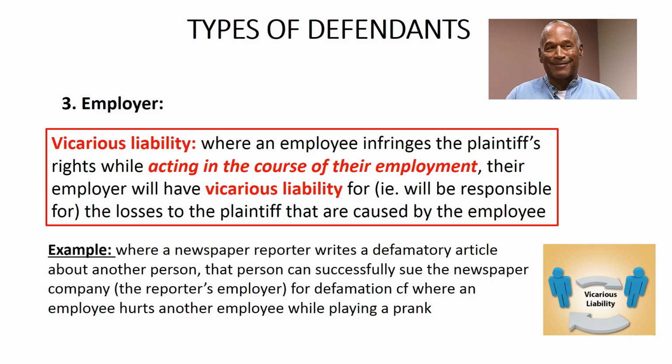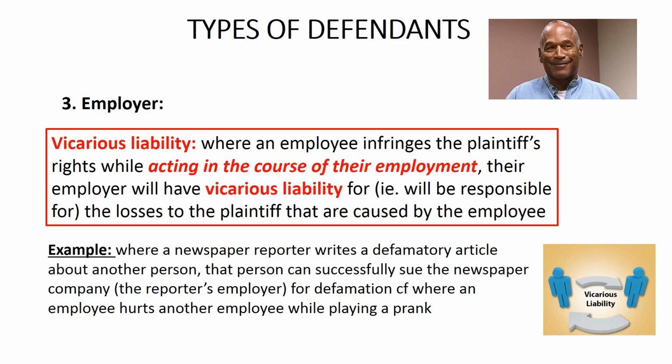An example of vicarious liability is where a newspaper reporter writes a defamatory article about another person. In such a case, the defamed person can sue the newspaper reporter as the wrongdoer, that is, as the person who has infringed the plaintiff's rights and who has caused injury to the plaintiff's reputation.